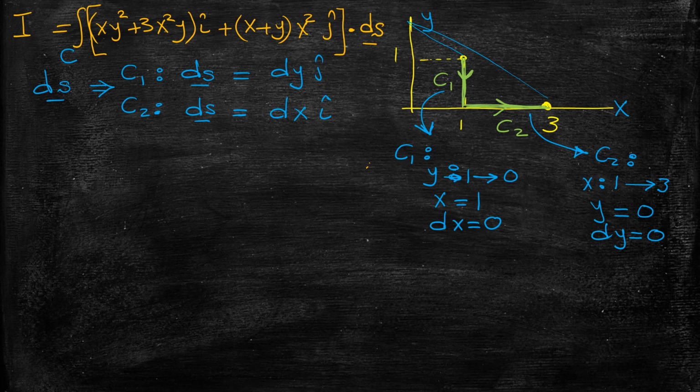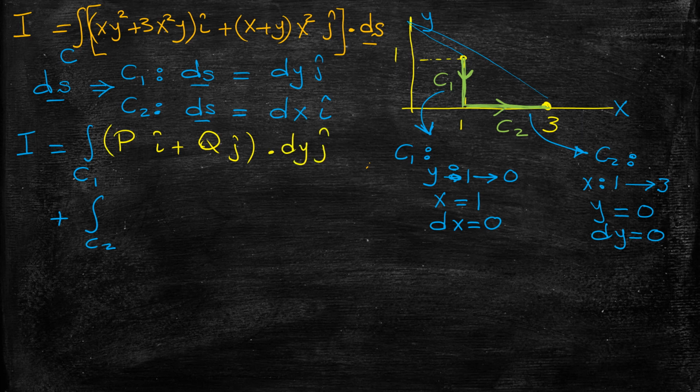So here, as we did in the previous slide, we get the integral along C1 and the other integral along C2. The first one was this F, which is Pi plus Qj, and then ds along C1 is nothing but dy j.